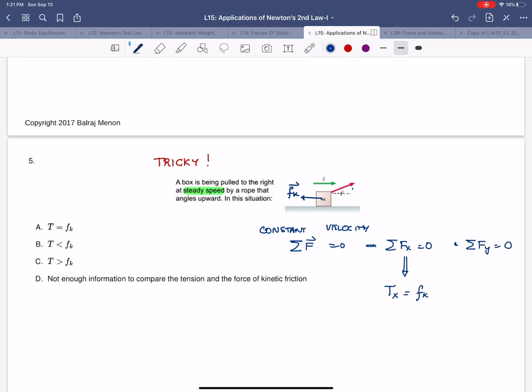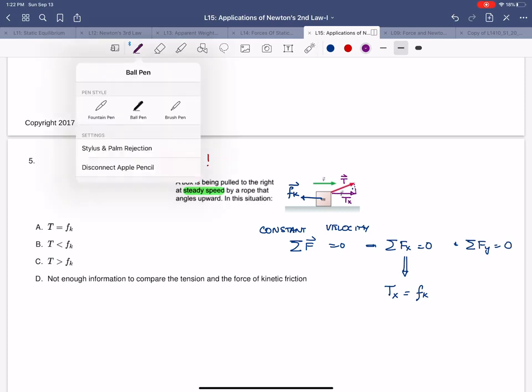So it's not the entire tension that has to equal the force of kinetic friction, but only the x component. So T sub x has to equal the force of kinetic friction.